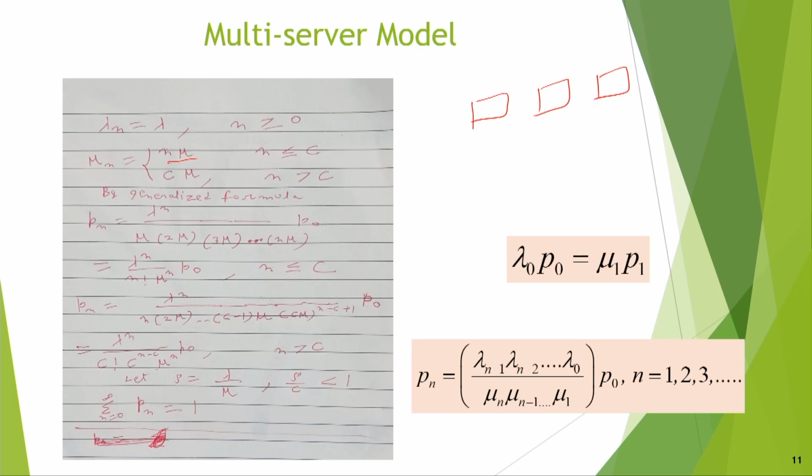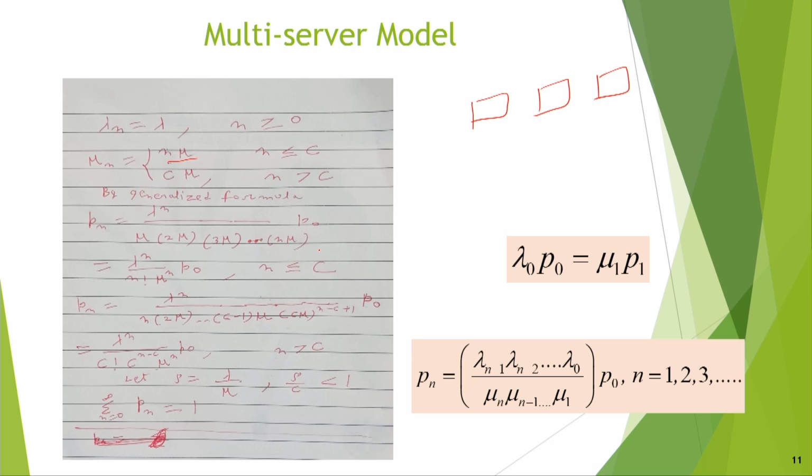By the generalized formula, now suppose lambda is not dependent on the system, lambda is always constant, lambda n is equal to lambda. You remember that I told the general formula was like this: lambda 0 P0 is equal to mu 1 P1, and Pn is equal to lambda n minus 1, lambda n minus 2 up to lambda 0, over mu n up to mu 1, into P0, for n equal to 1, 2, 3.